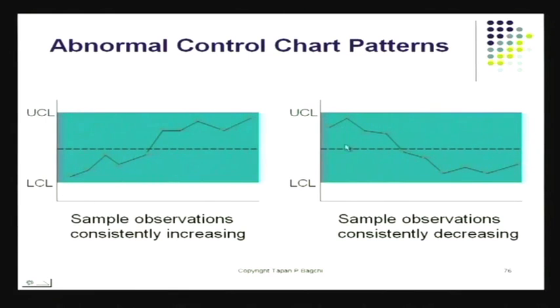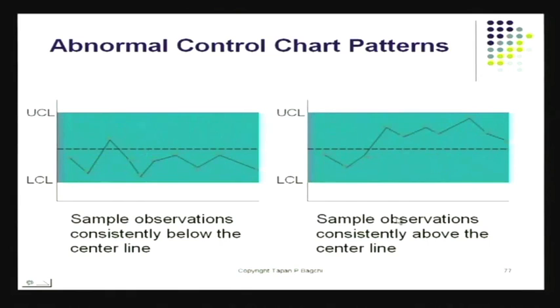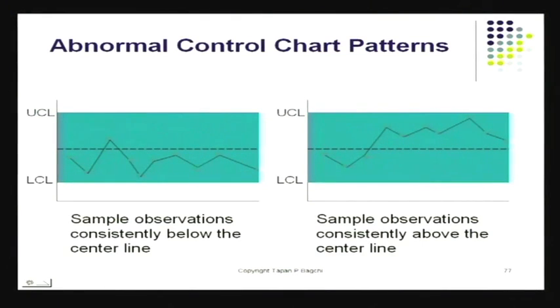Or a trend going up or a trend coming down. These are also, again, abnormal patterns. Or too many points on one side of the chart, which is one side of the midpoint. These are also exceptional points. So even if the point that you're trying to plot has not gone beyond control limits, but you notice one of these exceptional situations, you need to stop the process.